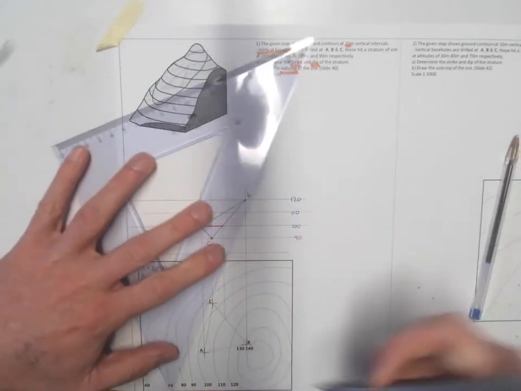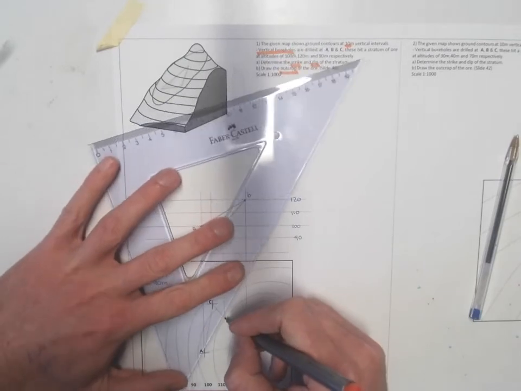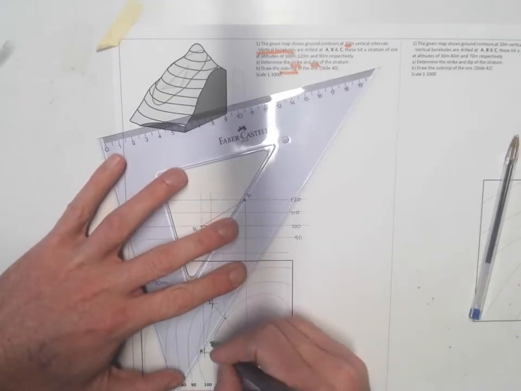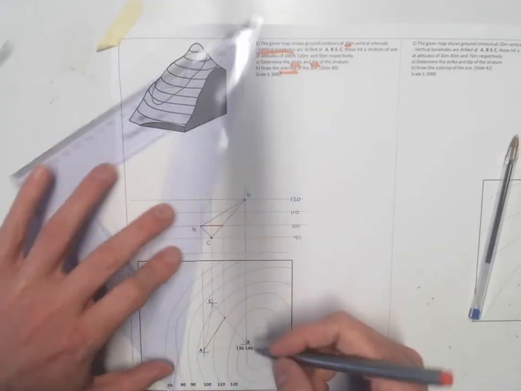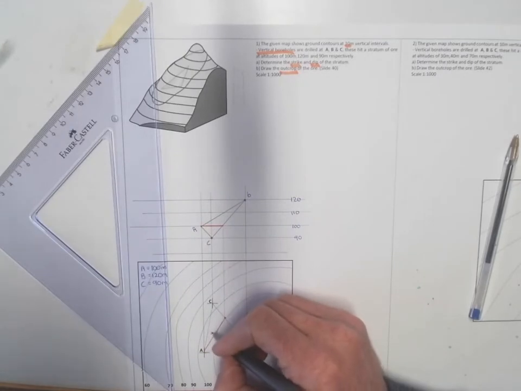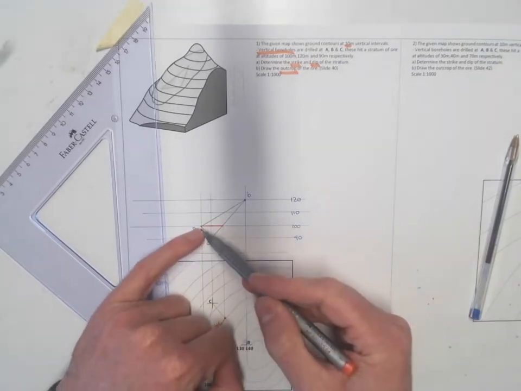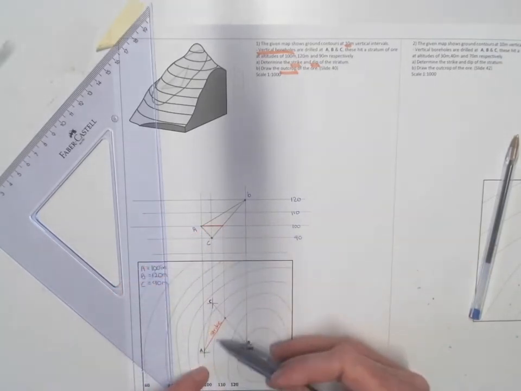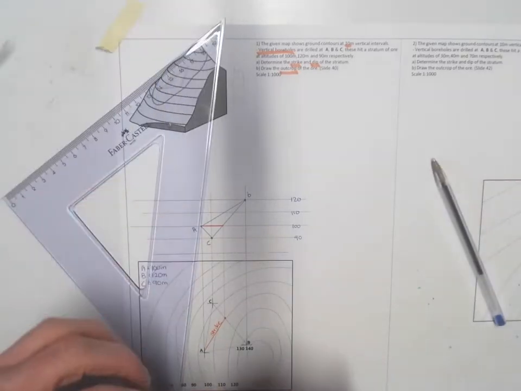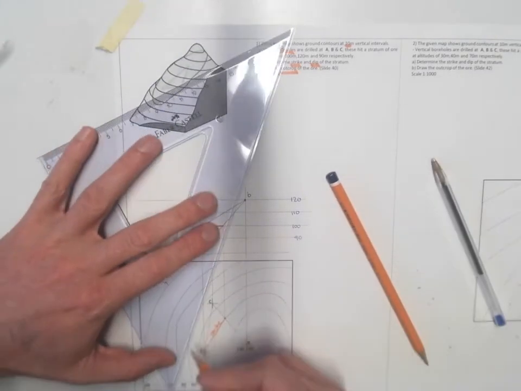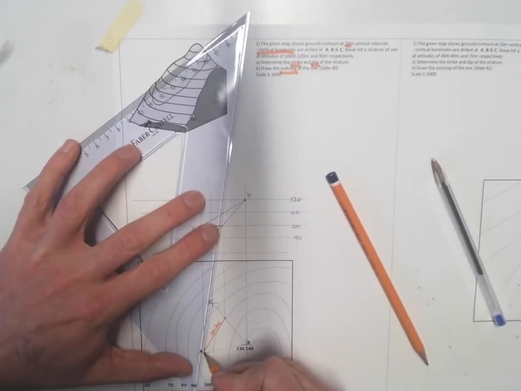Join back to A. And that is your strike. That is the true length of that line. So you take a horizontal line, drop it down, that is our strike. And that is the line we're going to look along. Let's heavy this in.